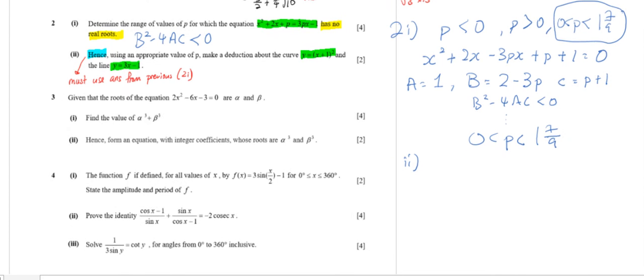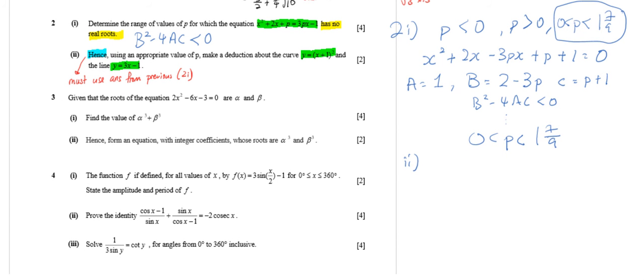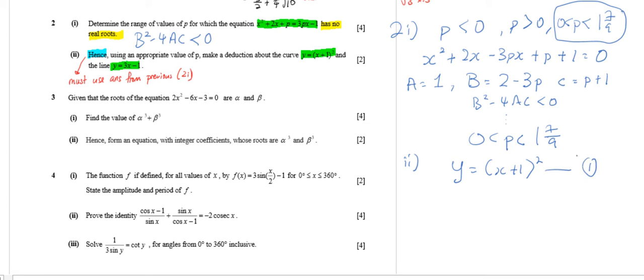So let me write the equation out. I have first equation y equal x plus 1 squared. Part 1 done already because I have P is more than 0, P is less than 1 7/9.